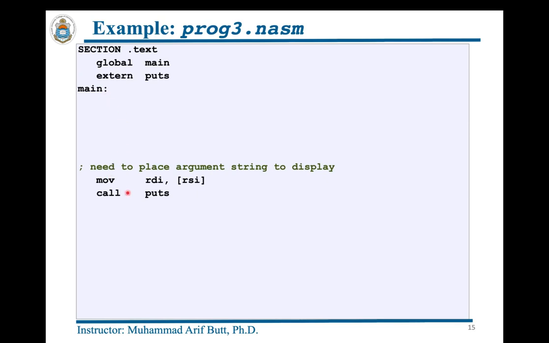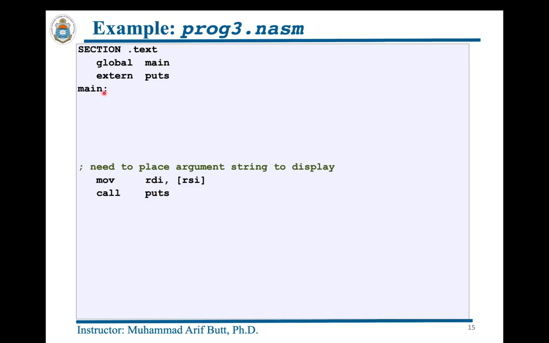So over here, you see before calling the PUTS library function, we are placing the address of argv sub 0, that is the address of the first argument, inside the RDI register. Remember, RDI contains the first argument which we need to pass to PUTS.